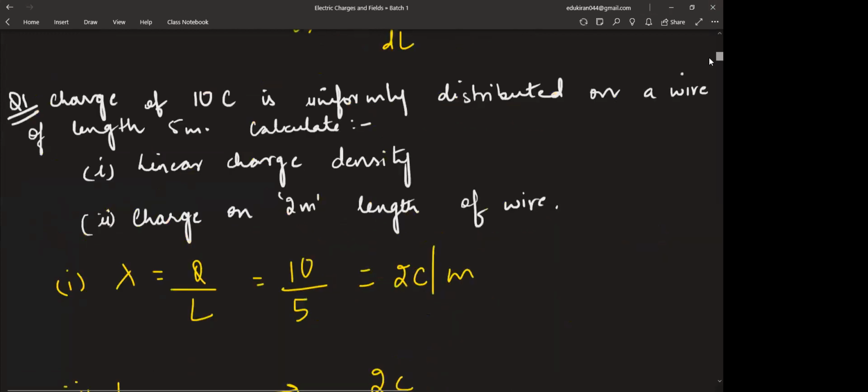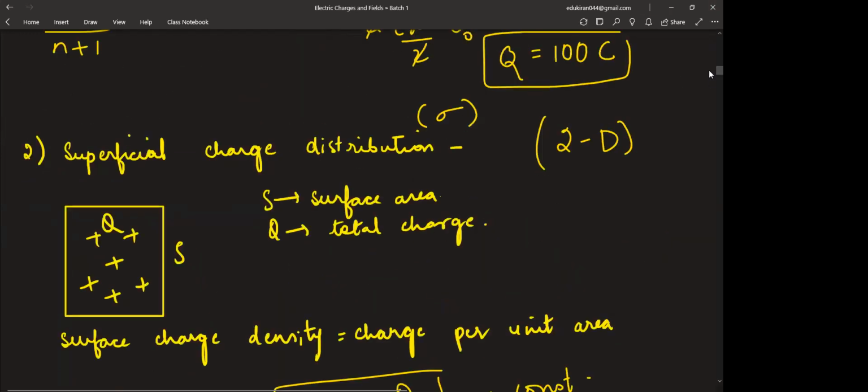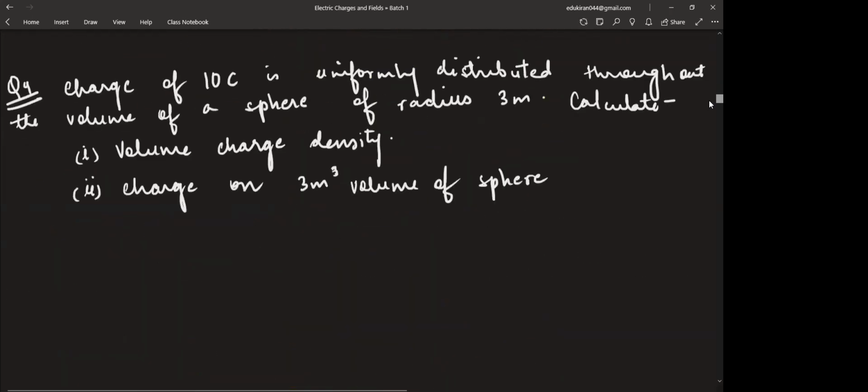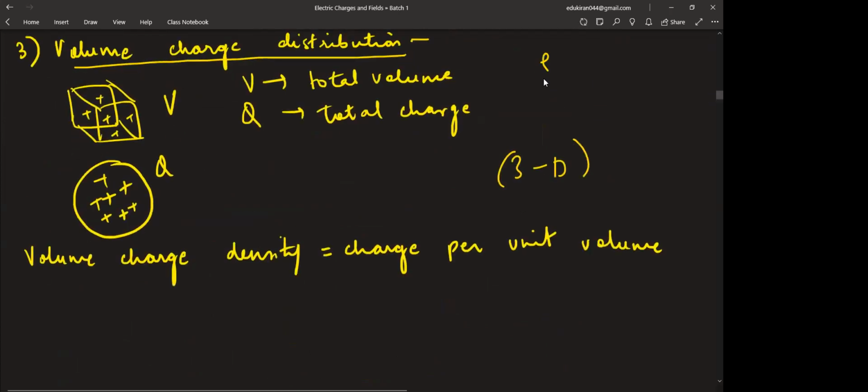This is represented by sigma. And this is represented by rho. So you have charge per unit volume which is present.